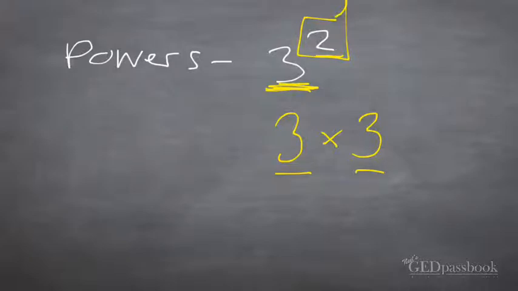Now, there is a nickname for to the power of 2. Do we know what it is? 3 to the power of 2, what is that called? A little shortcut, a little nickname for it. It is 3 squared. So anything to the power of 2 is that number squared.